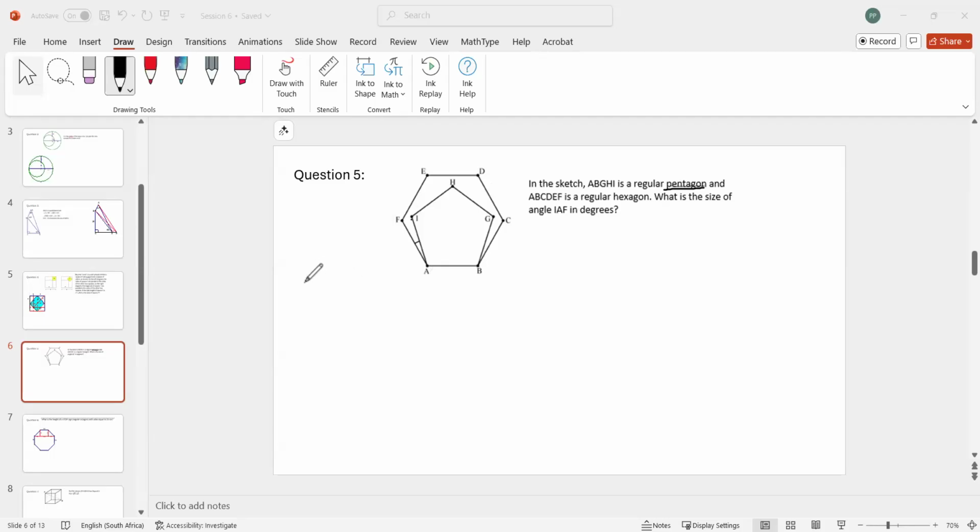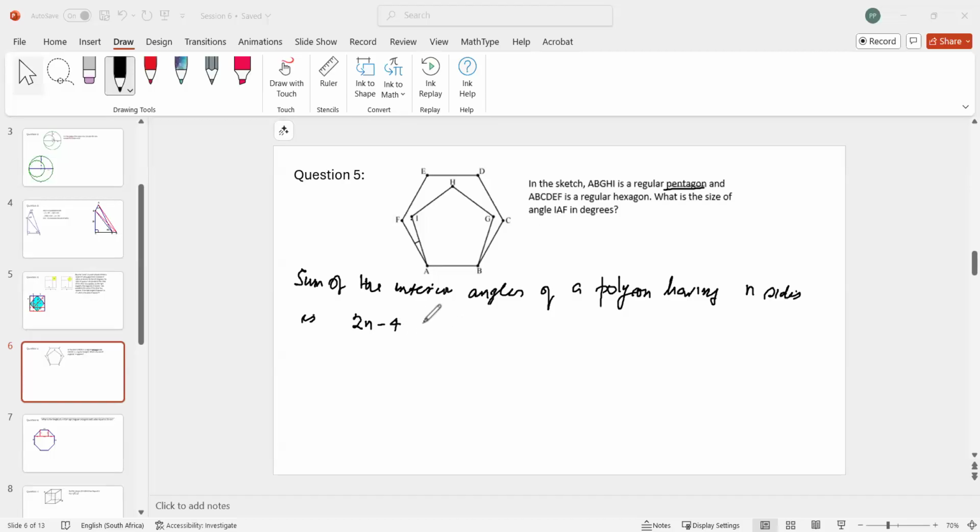The important formula here is that the sum of the interior angles of a polygon, any polygon, having n sides, is 2n minus 4 straight angles.